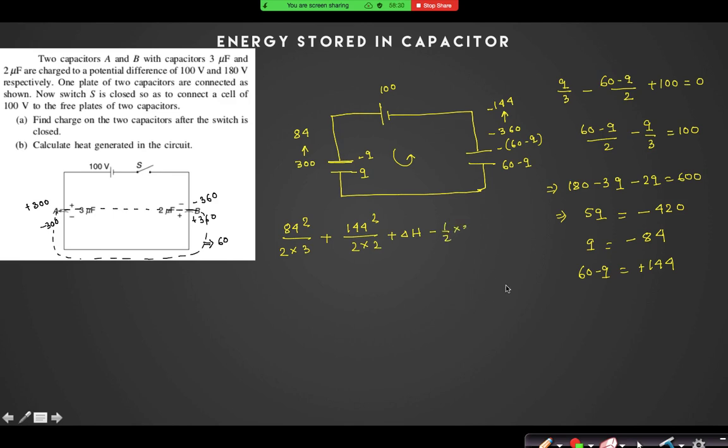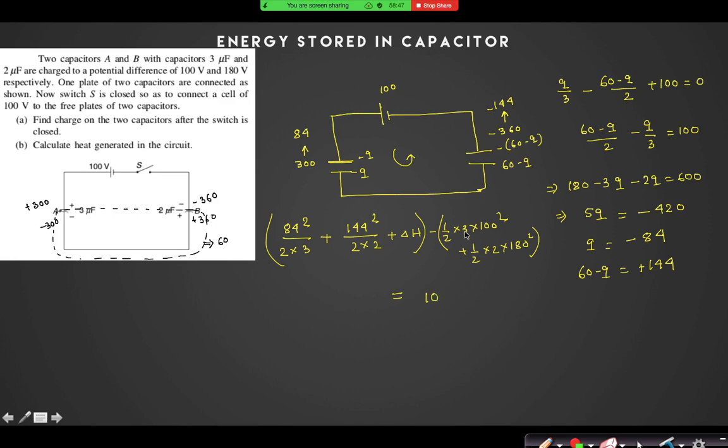Half c into v square, initial, it will be plus half c into v square, 180 square, is equal to work done by battery. Only battery is this 100 volt.